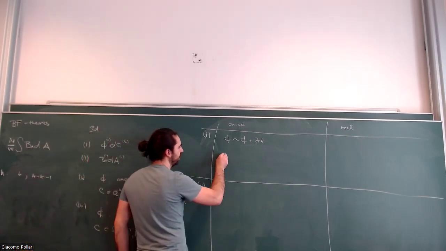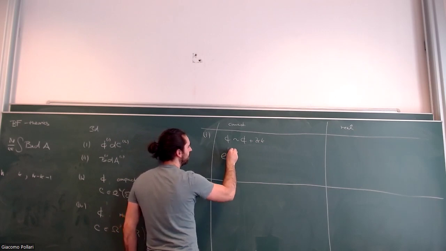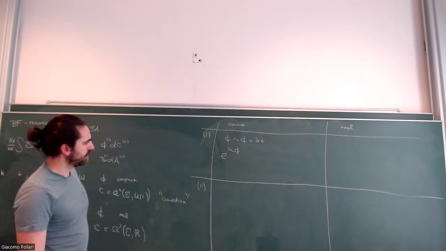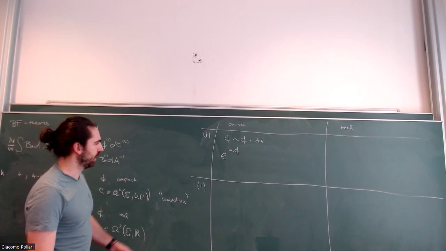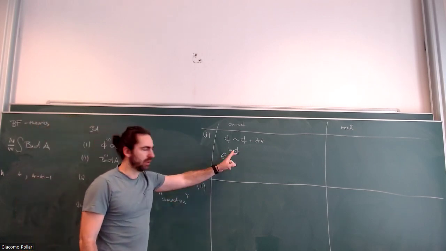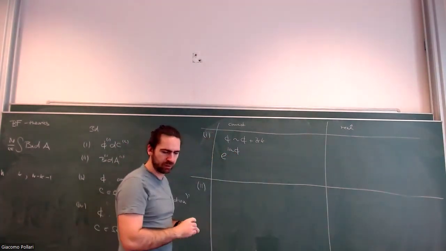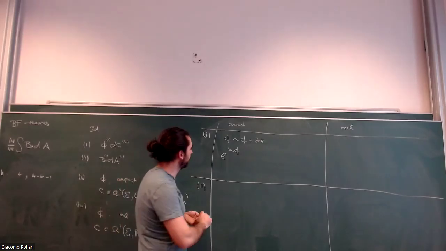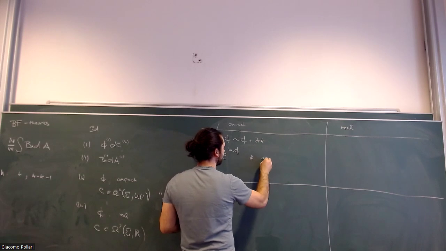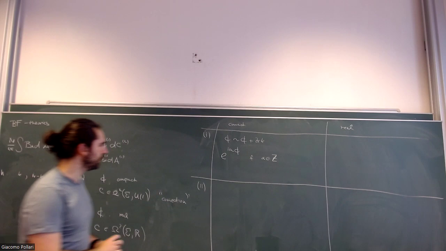But if I put it in the exponential like that, it becomes good if I specialize A. What does it need to be? An integer. If A is an integer.